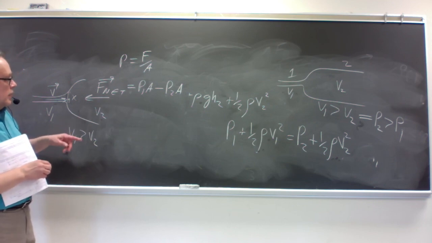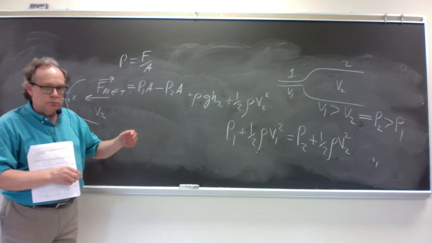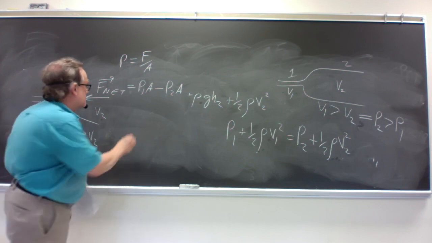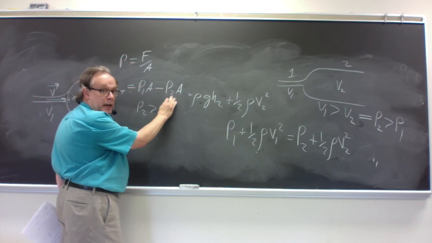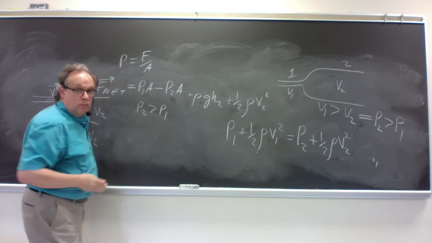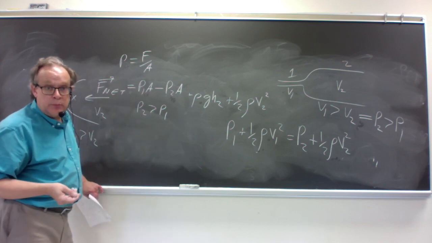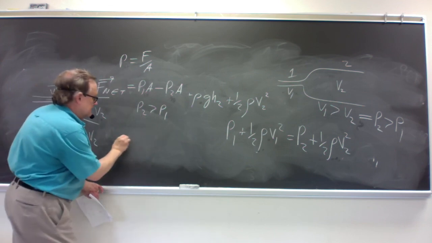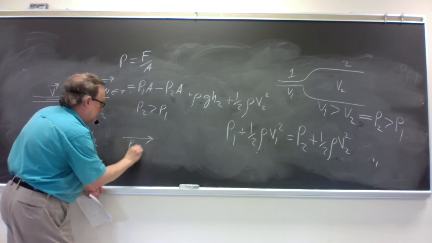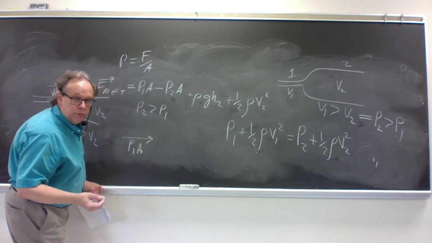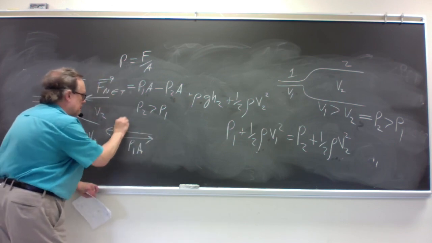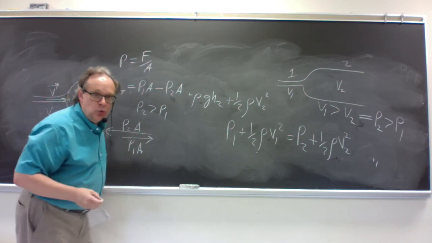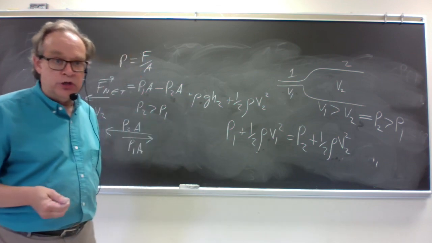If we use the same value for A, and we saw that pressure 2 is bigger than pressure 1, this force, the backwards pointing force from the pressure in region 2, is stronger than the forward pointing force caused by the pressure in region 1. There's a force pushing the water forward, but there's an even stronger force pushing the water backward because there's higher pressure in region 2.